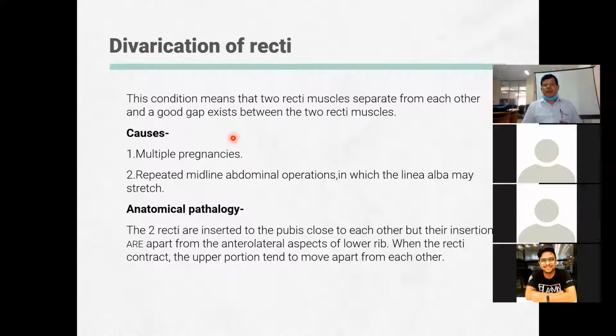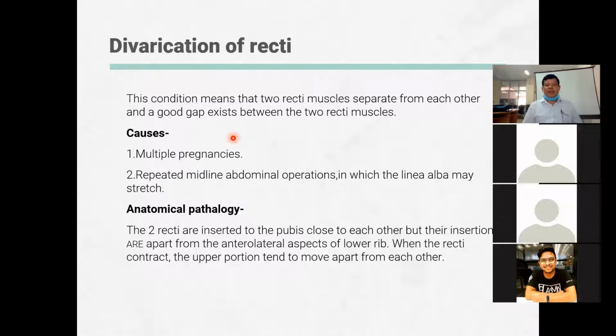The common causes: number one is mainly female patients with a history of multiple pregnancies, that is multipara. After repeated pregnancies, the abdominal musculature becomes weak and the linea alba becomes stressed, and as a result the two recti muscles separate and go away from each other.